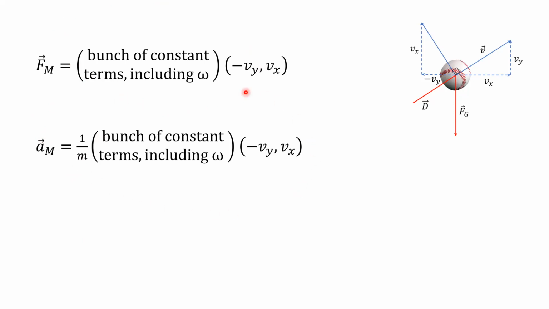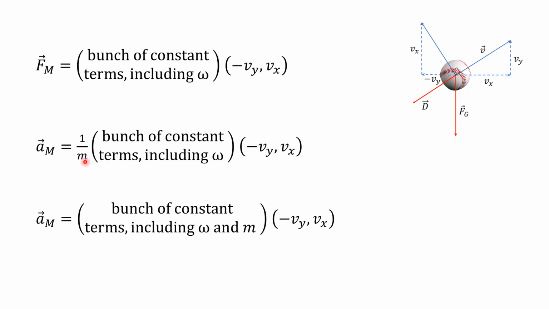So gravity contributes an acceleration of 9.8 downwards. A quadratic drag contributes an acceleration that's opposite the velocity. And now we've got this Magnus effect, which contributes an acceleration perpendicular to the velocity in a direction that we call lift. But the point is, even after you divide by m, all this garbage out front is just a bunch of constants.